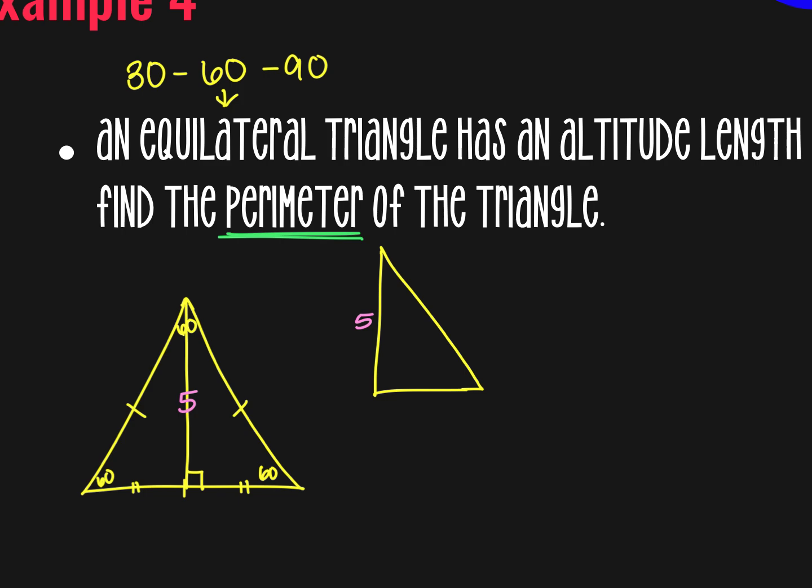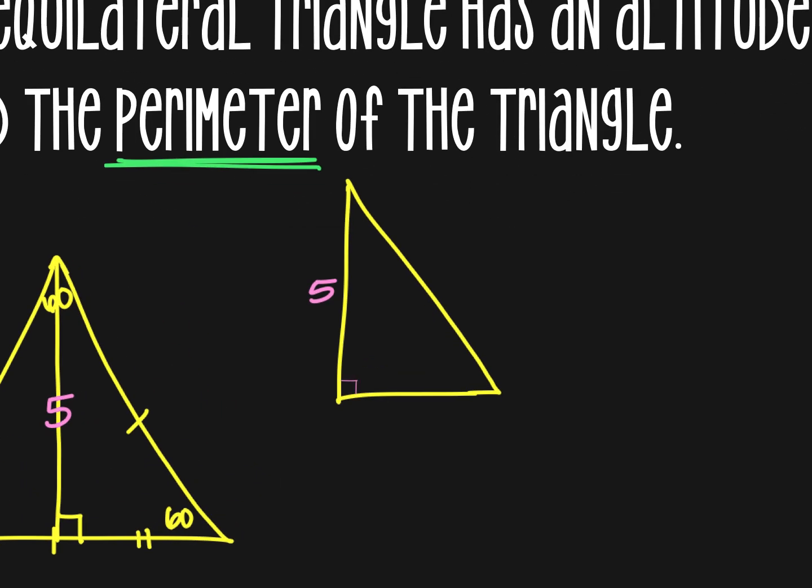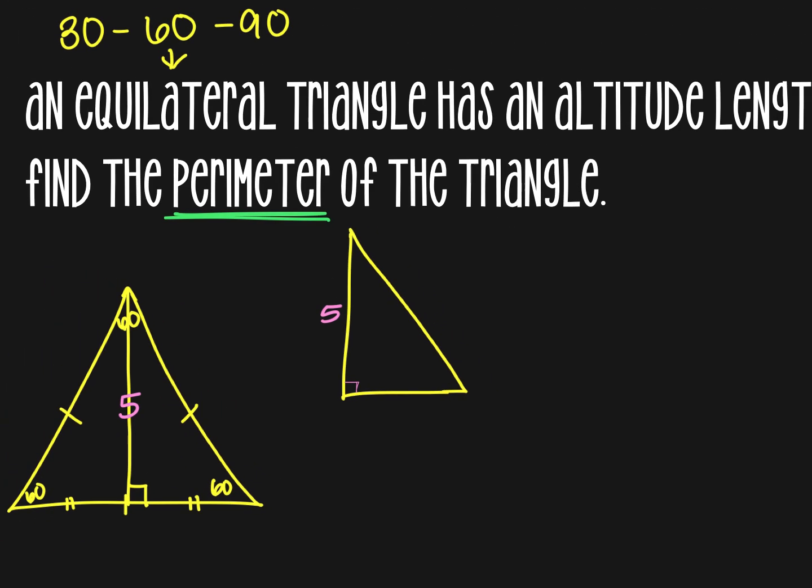Labeling my triangle: here's my 90 degrees, here's my 30, here's my 60. Opposite of 30 is A. Opposite of 60 is, sorry, A radical 3. And opposite of my 90 degrees is 2A.